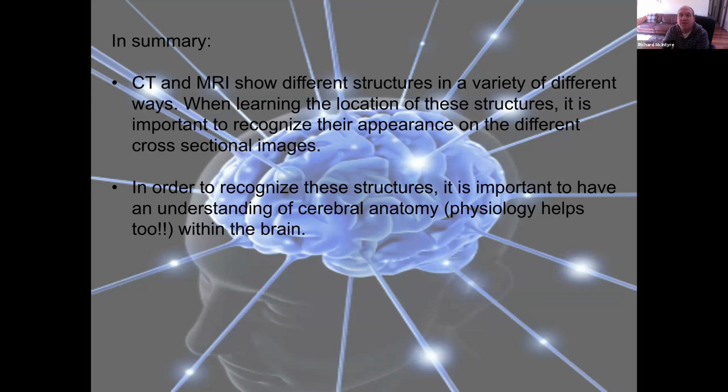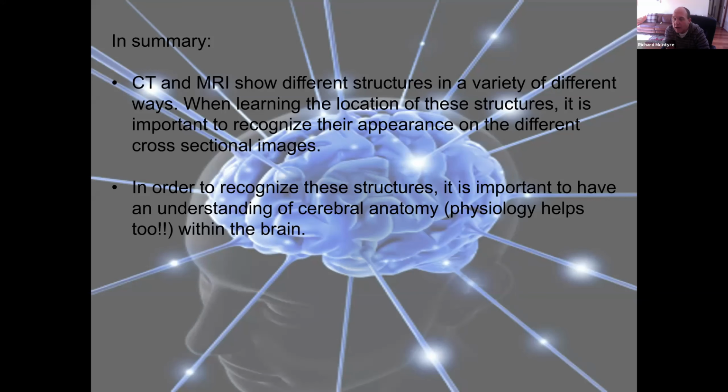When learning the location of these structures, it is important to recognise their appearance on the different cross-sectional images. Okay. In order to recognise these structures, it is important to have an understanding of cerebral anatomy. I always think that physiology helps. So when you're learning the anatomy, it's good to understand what the structures do. If you understand that, you've got a much better chance of learning the anatomy.